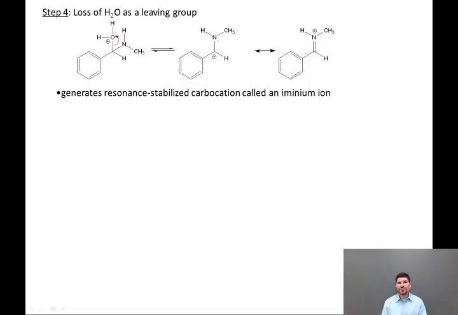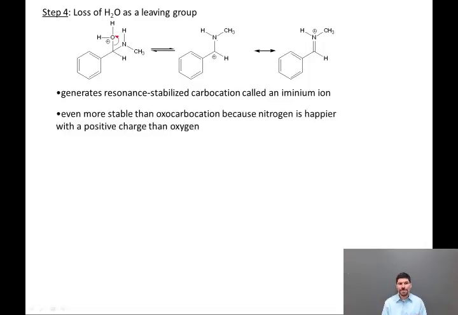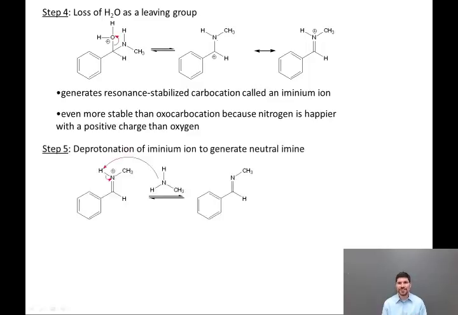This second resonance structure is a favorable resonance structure because in it all atoms are obeying the octet rule. And in this case, it's even more stable than the oxocarbocation because nitrogen is happier with a positive charge than oxygen is. Nitrogen is less electronegative than oxygen is.